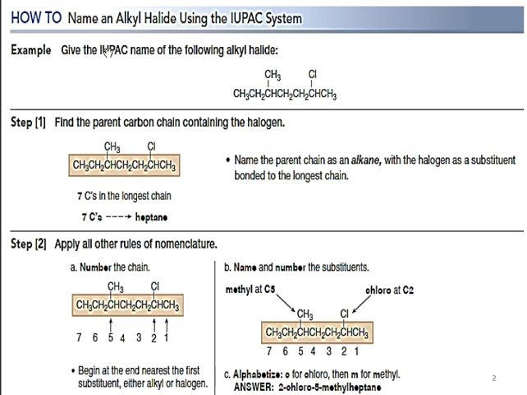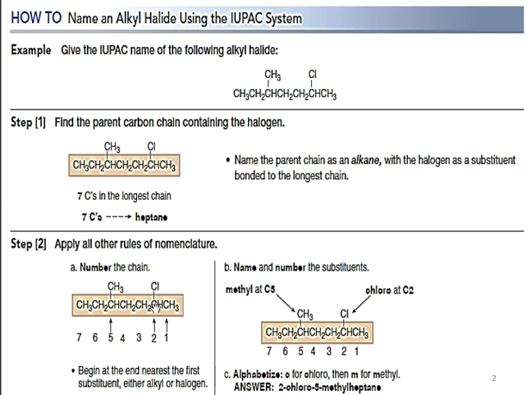The same system used to name alkyl halides is the IUPAC system. The first step is to find the longest chain containing the halogen, because here we have a special group. The functional group is the halogen bonded to the longest chain, and we apply the other rules for nomenclature.